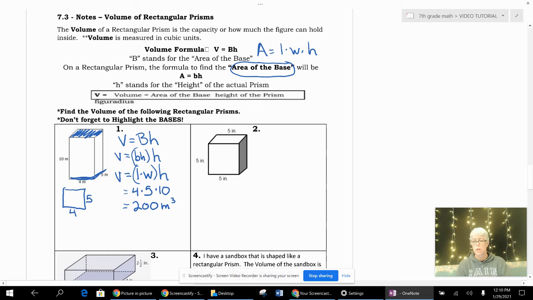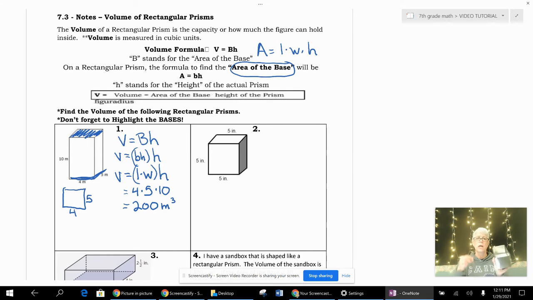So let's talk about the cubed. Volume is filling up. It's not covering with something two-dimensional. It's filling it up with something three-dimensional. That's why I like to use this little box to talk about volume, because it's already kind of filled up with dice. Let's say that these dice were 1-inch cubes. They're not, but let's pretend. They're three-dimensional.